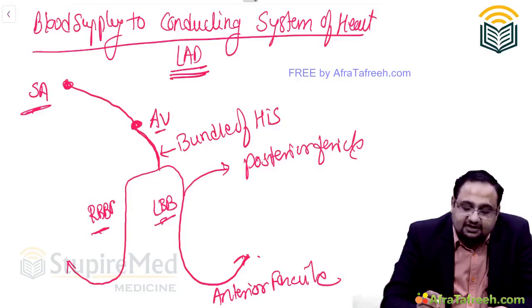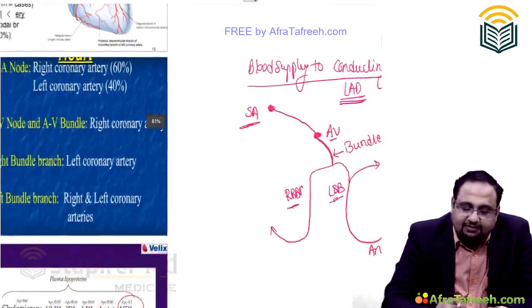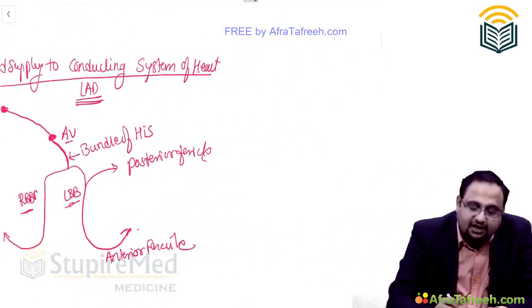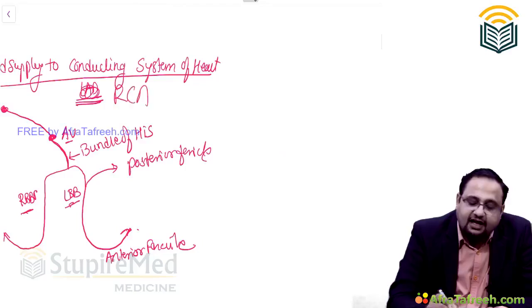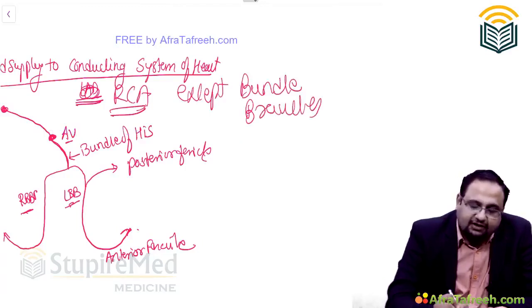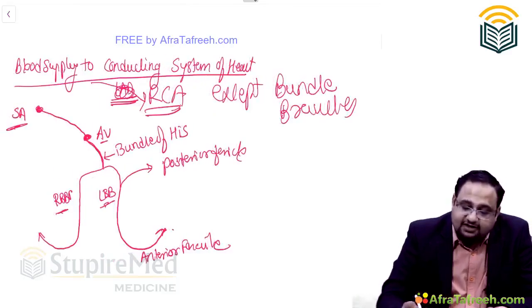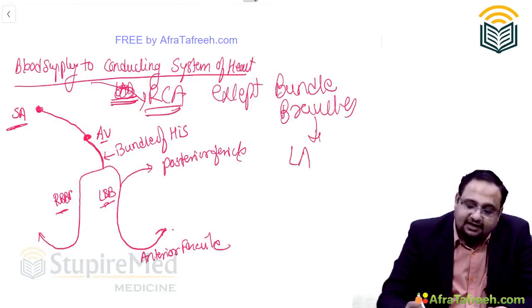The whole conducting system of the heart is supplied majorly by the right coronary artery, except the bundle branches, which are supplied by the left anterior descending artery.